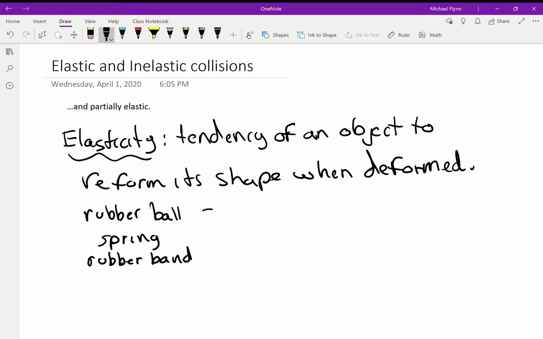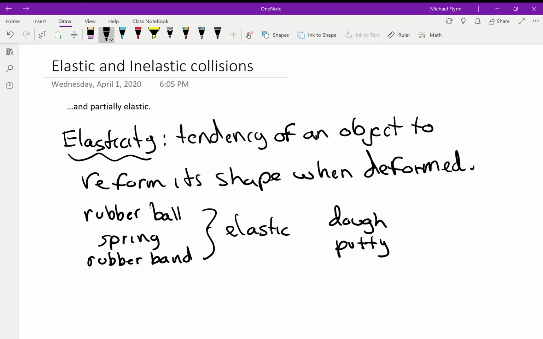Let's talk about items that are inelastic. Let's say dough. Dough is inelastic. What else? Putty, like silly putty, well, silly putty has some elasticity, to be honest with you.